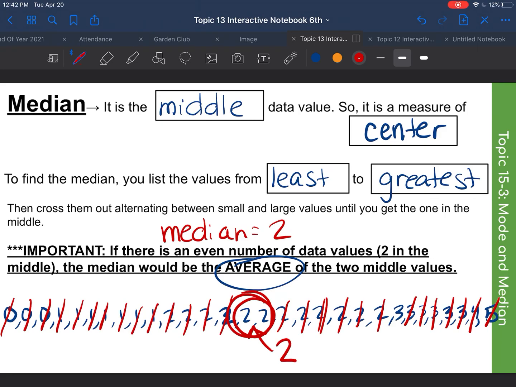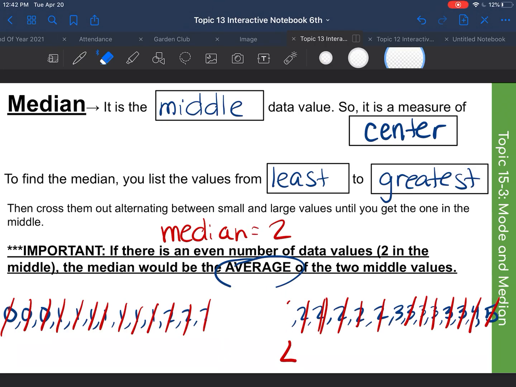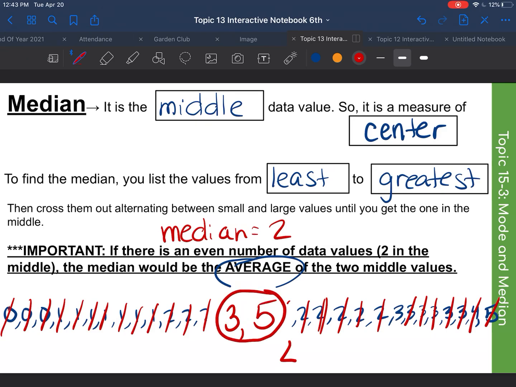Now, let's think about your data. Let's make up a data value. Instead of a 2 and a 2 in the middle like we got, let's say you get a 3 and a 5. Those are the two values in the middle if you have an even number. You don't want to have two medians. Instead, you would find the mean, which is what we did the other day. You add them together and then divide by 2.